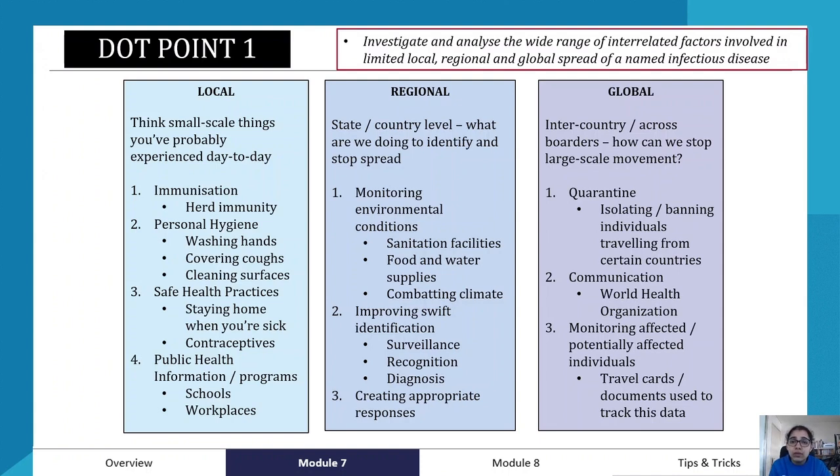Finally, on a global level, we're looking at quarantine and communication. For example, the World Health Organization was a key player in the communication during the COVID-19 pandemic. And we're also looking at monitoring affected and potentially affected individuals via their travel cards and so on.